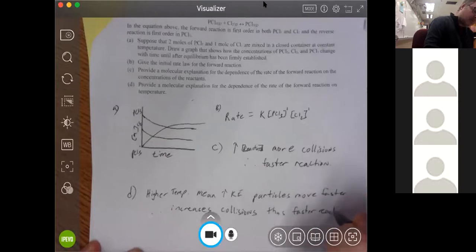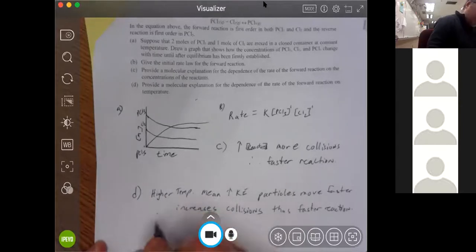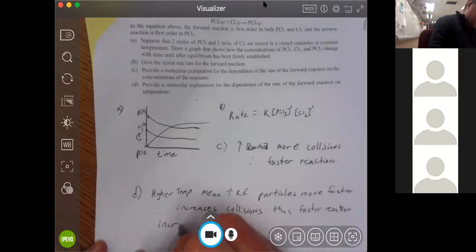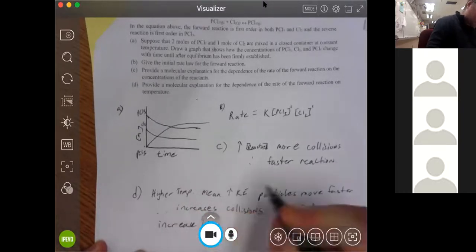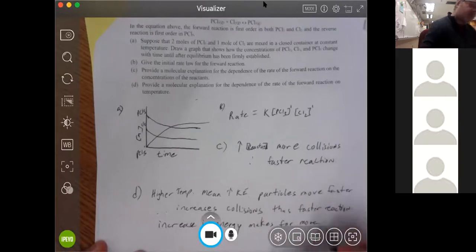Could you also talk about the energy of the collisions? You got it. Not only that, but we also have an increase in energy. How do we want to say this?